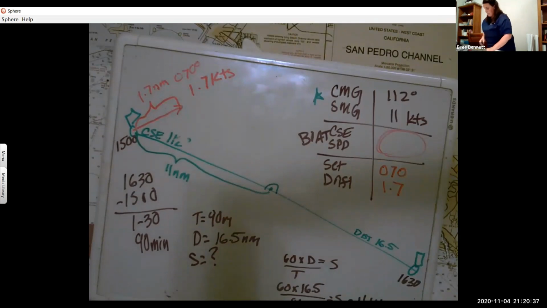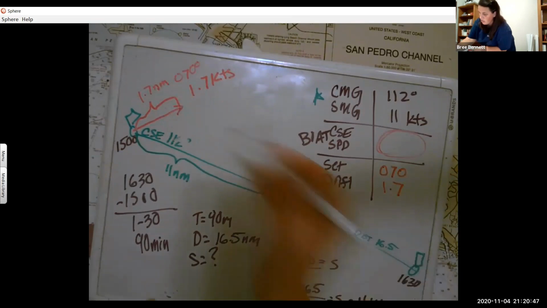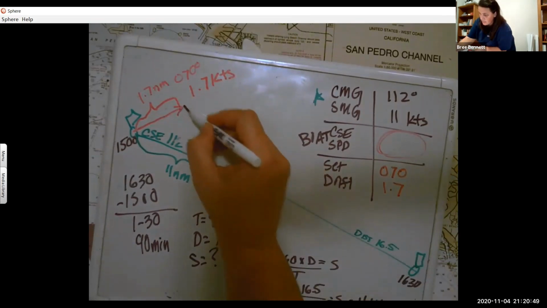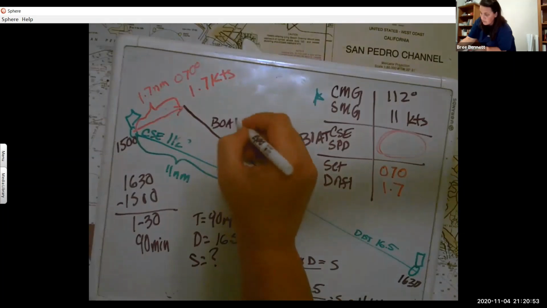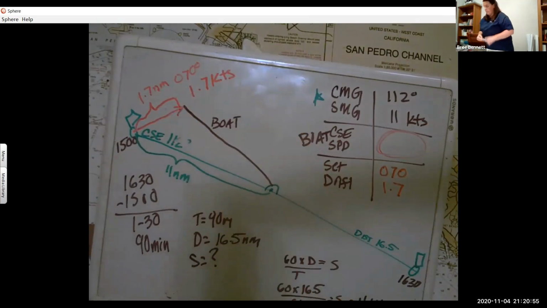So then when I connect, see if I have a different color. I have purple. When I connect the end of this line and the end of this line, I get my boat. So let's see how that works on the chart.